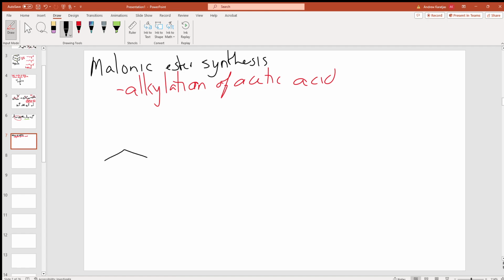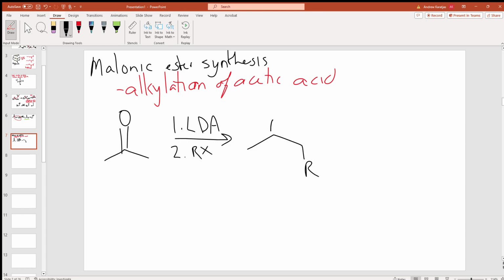We start with our carbonyl, we add a strong base such as LDA, and then we add an alkyl halide. The problem is that if you try to do this with acetic acid, of course, acetic acid, by its nature, is acidic.